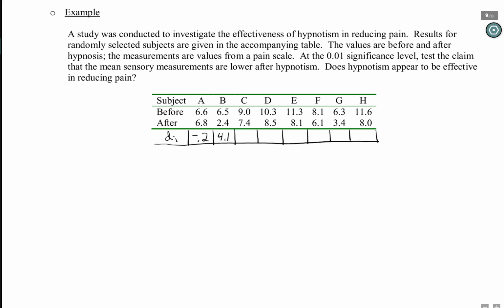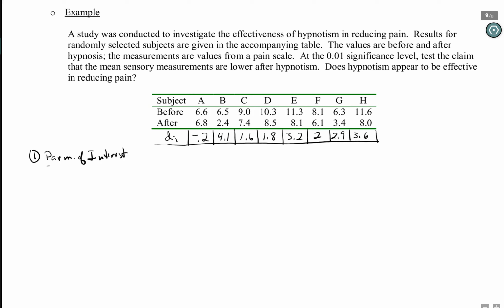The difference associated with subject C is 1.6, with D 1.8, with E 3.2, with F 2, with G 2.9, and with H 3.6.